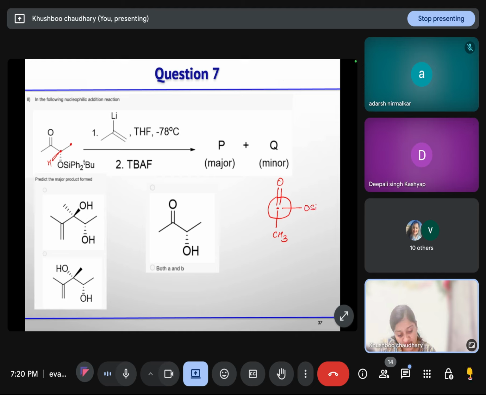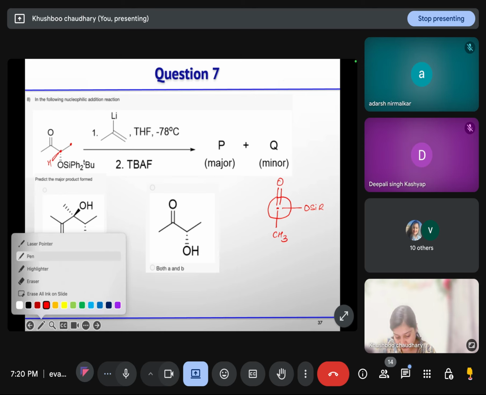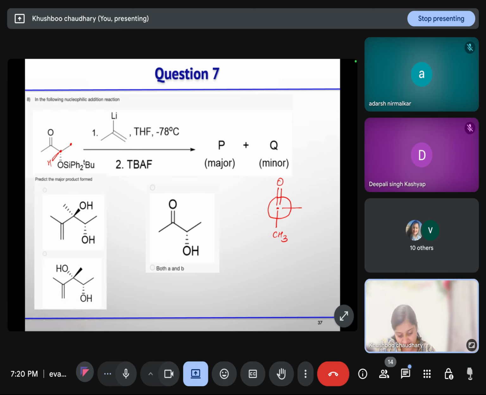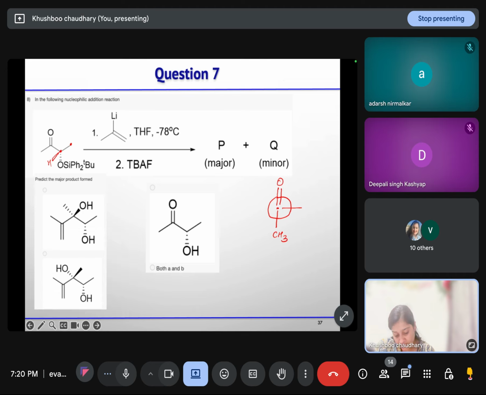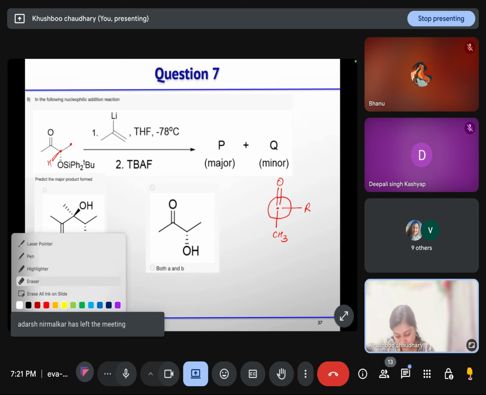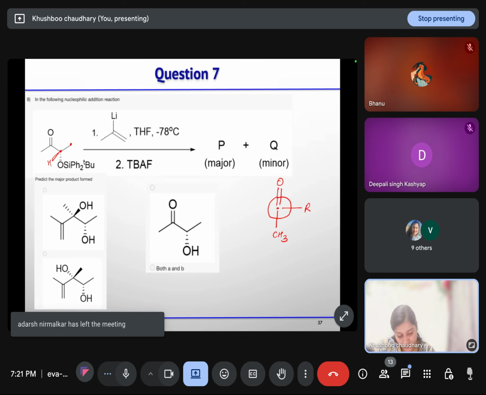This O-silicon R, I'm writing it as R. Then after formation of the product we can write this. So this is R. Now which one is above? Your hydrogen is above and methyl is below.